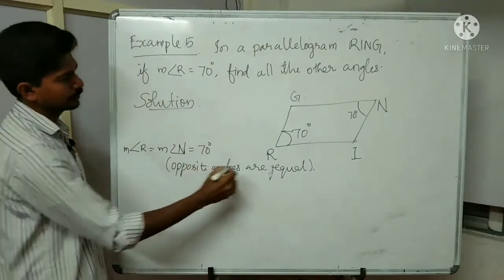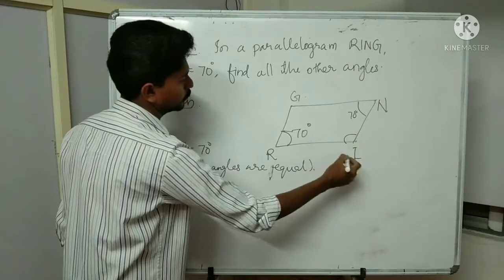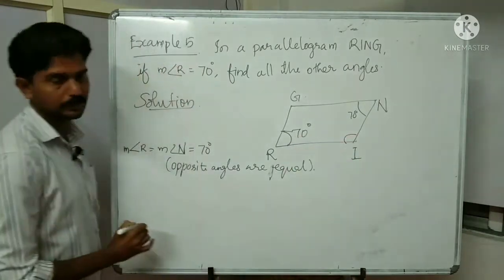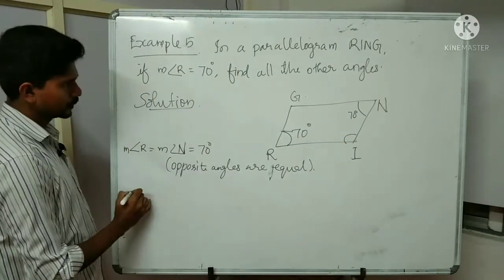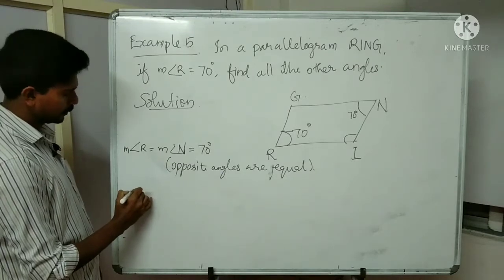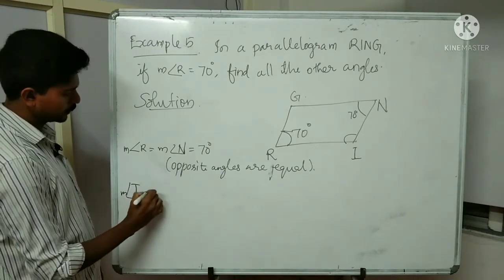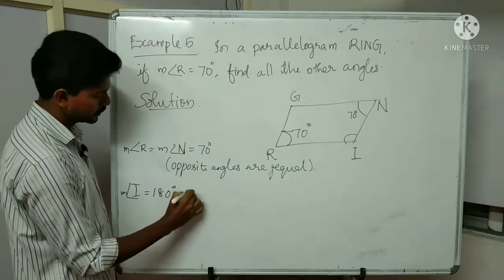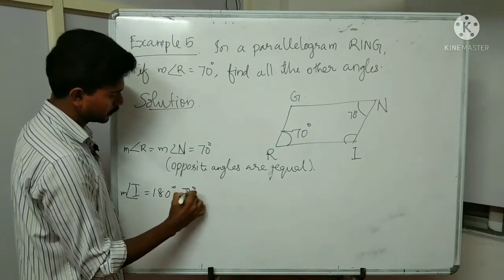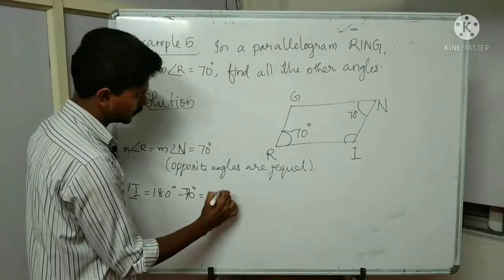Then how do you find angle I? Adjacent angles are supplementary. So we can find angle I. Measure of angle I is equal to 180 minus 70, which gives us 110.